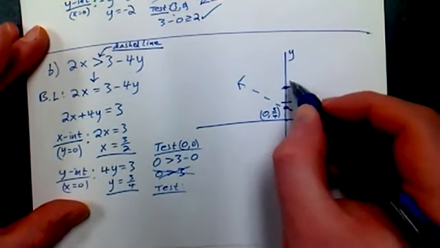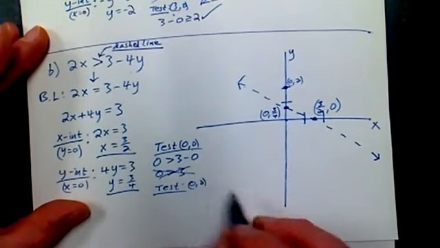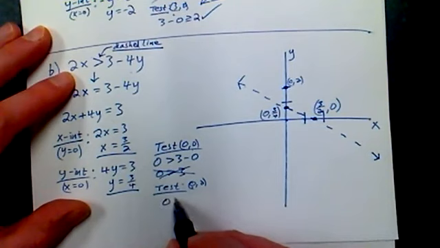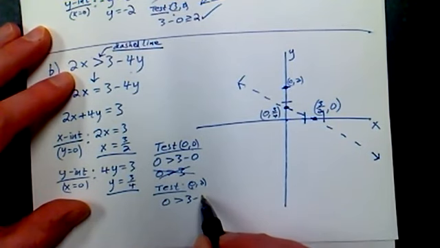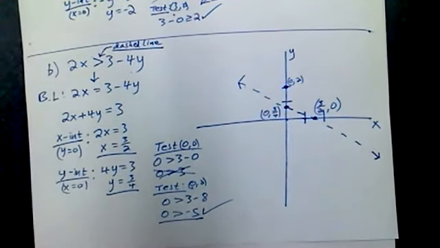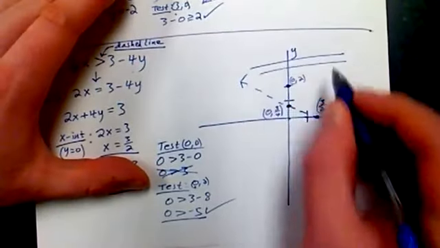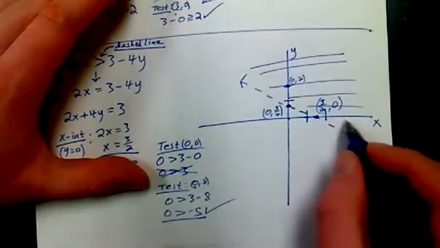Why not try (0, 2)? So if I plug in 0 for x, that's 0 is greater than 3 minus 4 times 2, or 8. 0 is greater than negative 5. That checks out just fine. Okay, my solutions are on this side of the dashed line.